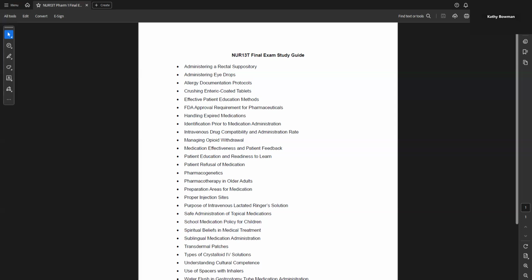Speaking of which, I think I'm going to talk about it later, but I want to point out potassium chloride. Potassium chloride IV is one of these drugs that is given a lot in critical settings. Potassium chloride must be diluted when given.